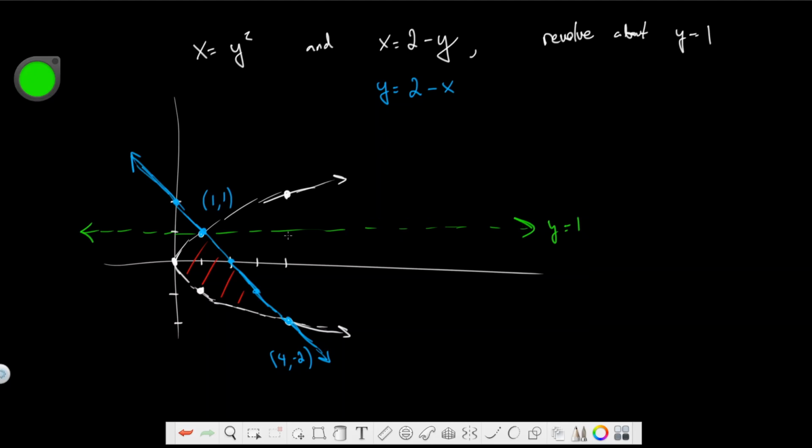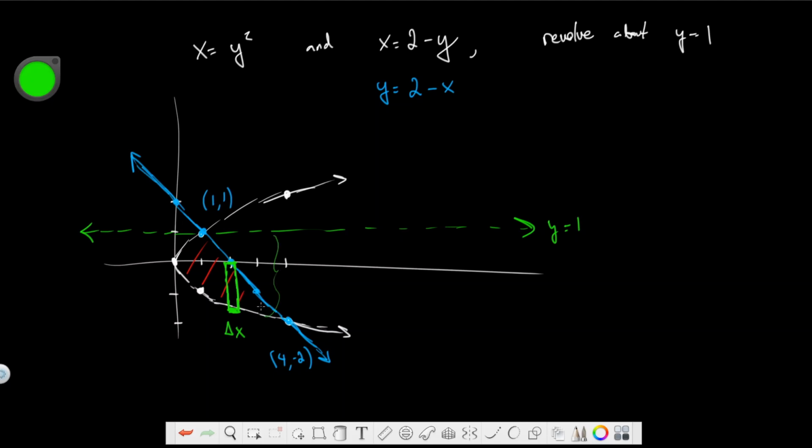We need to look at the rectangles that will revolve around this line and create washers. So let's just go ahead and draw one right here, and let's establish its dimensions. So we have delta x here. This is going to be integral dx, not dy.